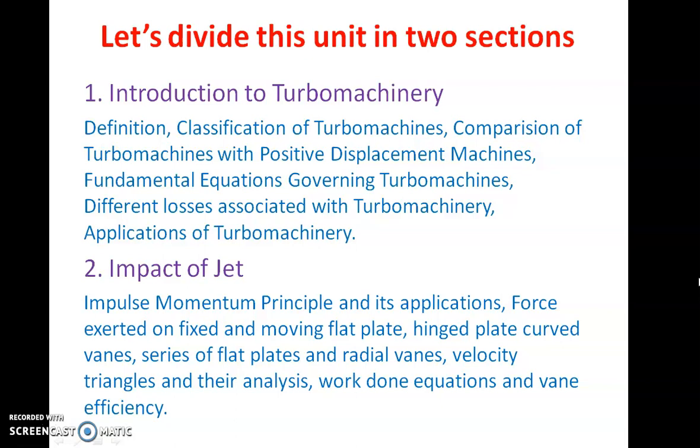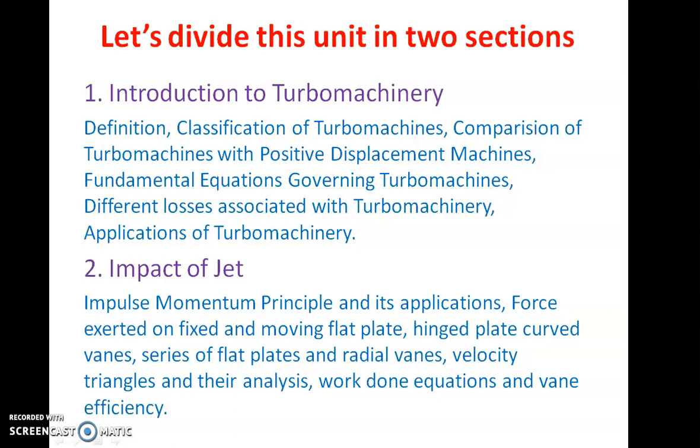Now you might have heard about the different types of turbines, like in case of hydraulic turbines you have the Pelton turbine, then Francis turbine. Similarly you are having steam turbines, gas turbines. So all these turbines as well as compressors, these are involving some sort of basic equations. Okay, those equations are nothing but the start of the impulse momentum principle.